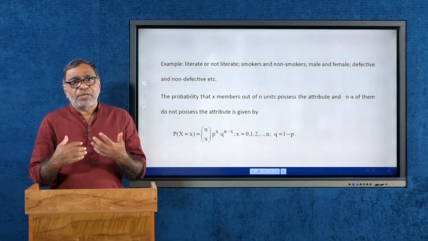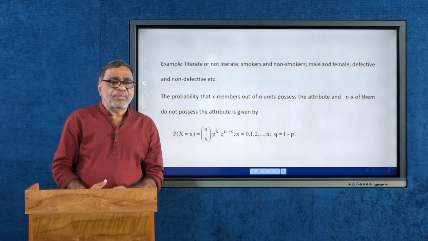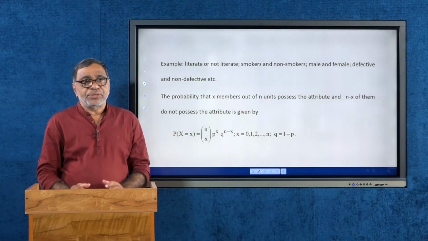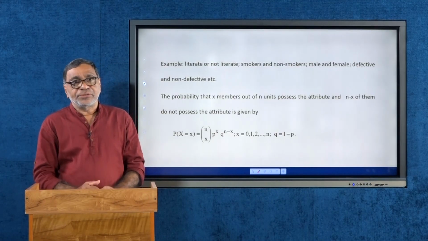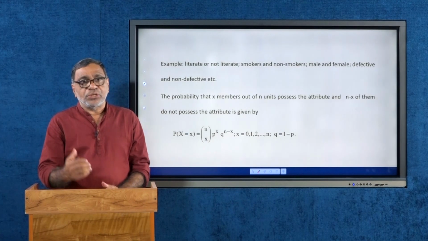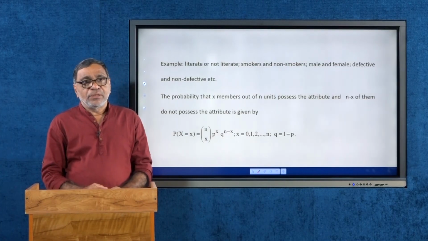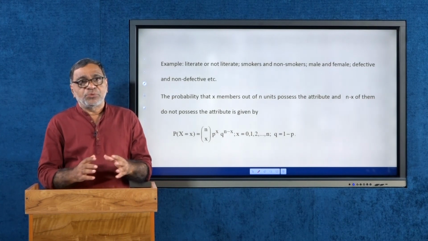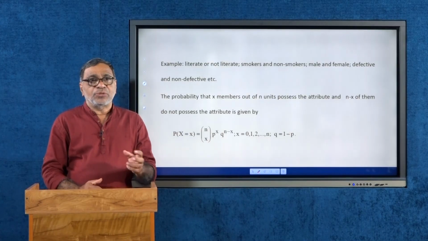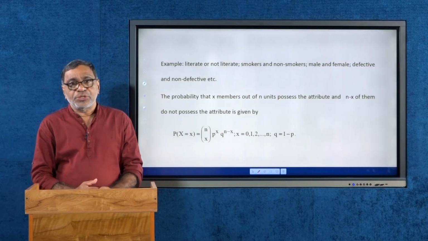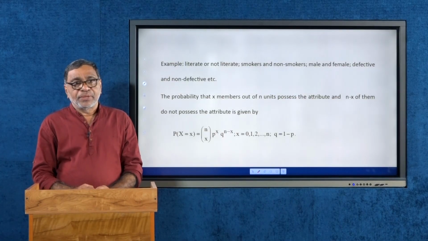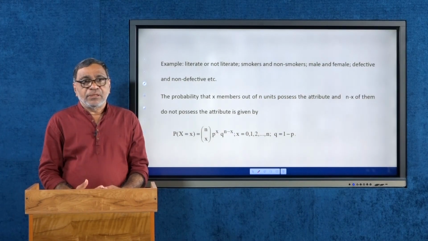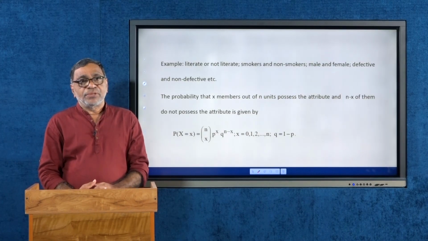An example: suppose a population is divided into two classes, literates and not literates, or smokers and non-smokers, or male and female, or defective and non-defective. Then we are finding the probability of getting x number of successes.